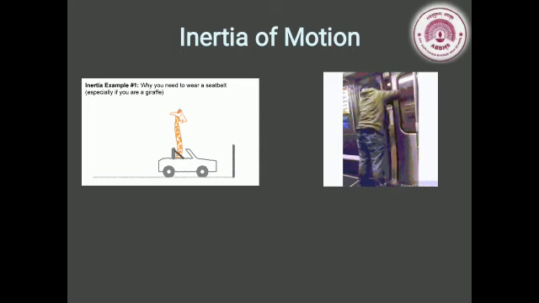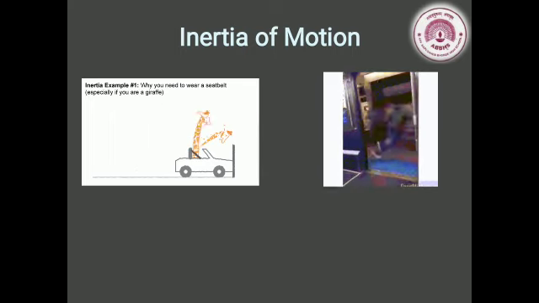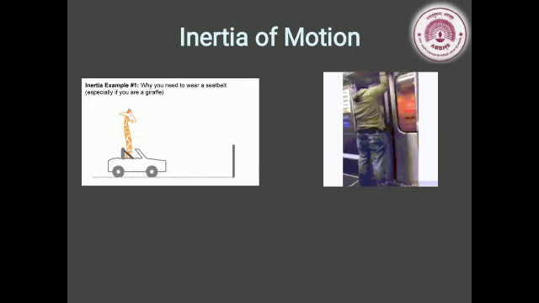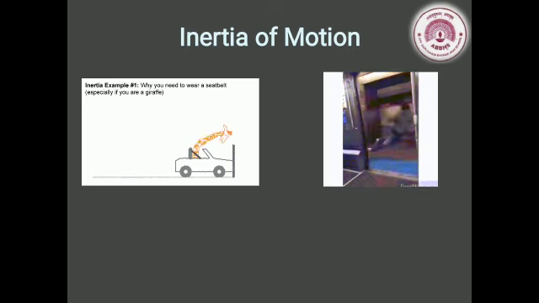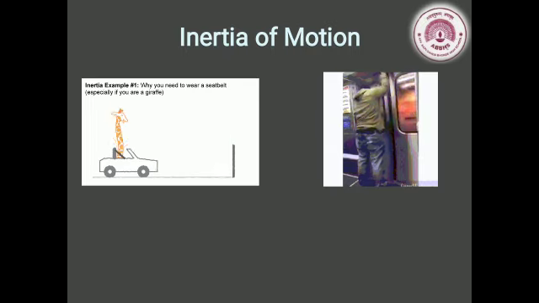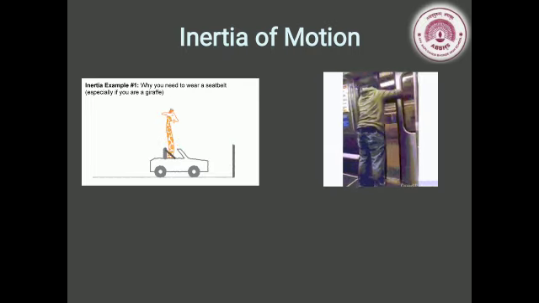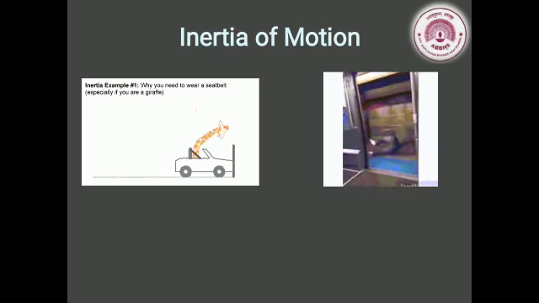Inertia of motion. Have you ever seen this? When a person gets down from a moving train, he falls in forward direction. This happens due to inertia of motion.